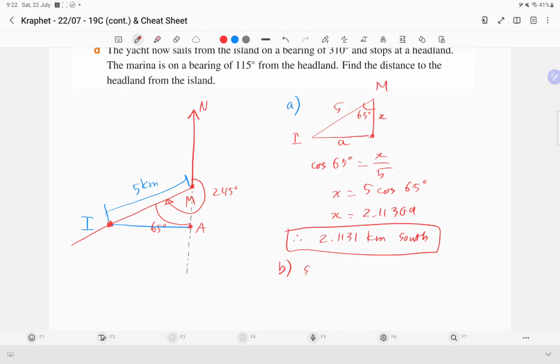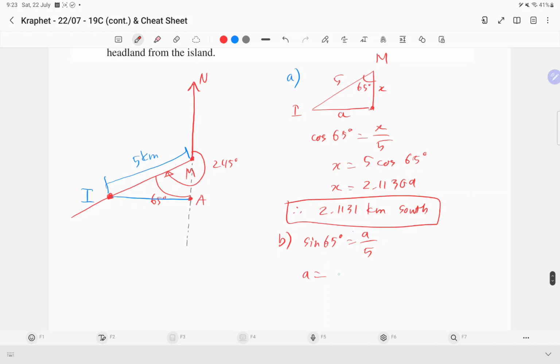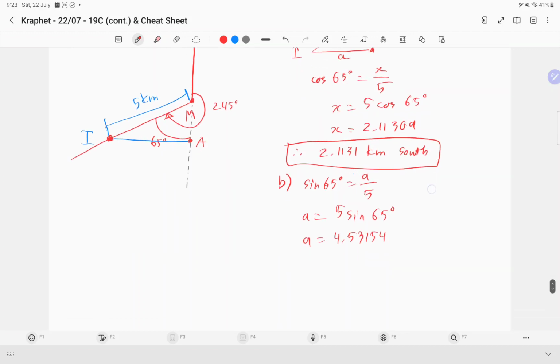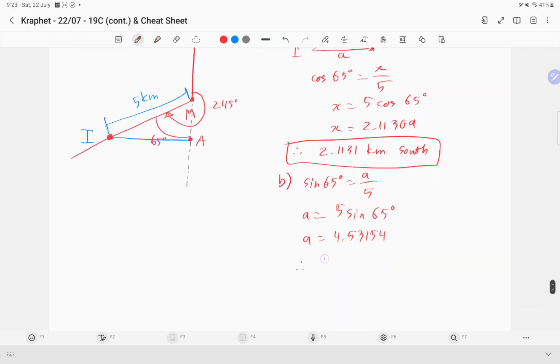So then you would get sine of 65 degrees is opposite over hypotenuse. So A would be 5 sine 65 degrees, which is 4.53154. Okay, so then therefore it has traveled 4.5315 west.